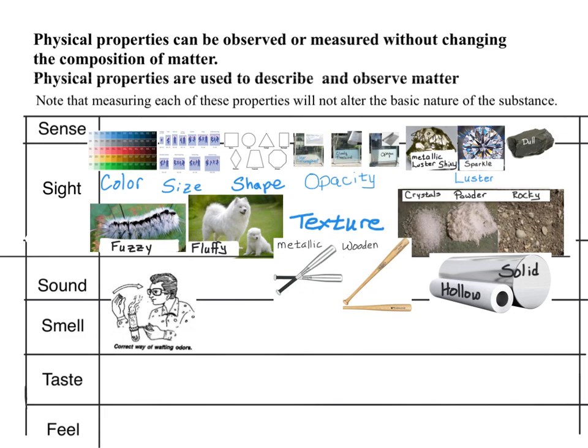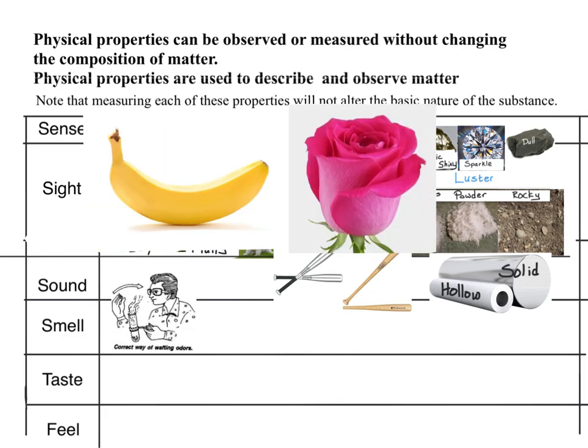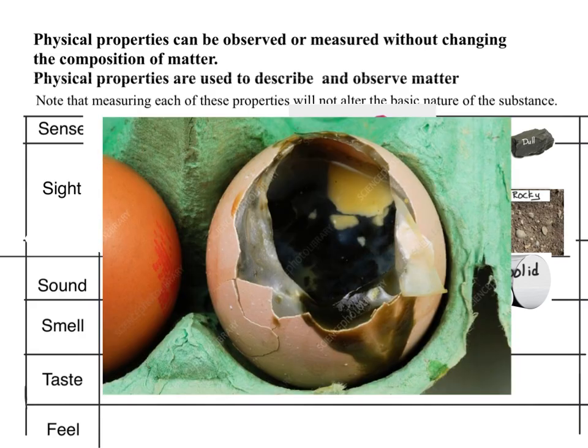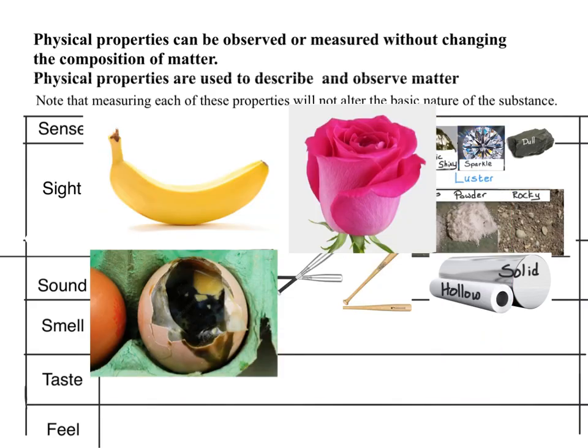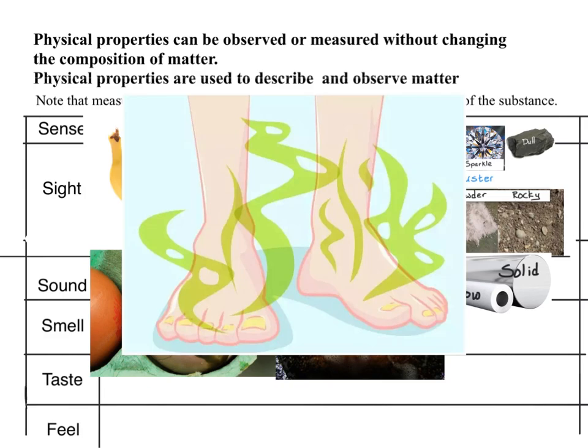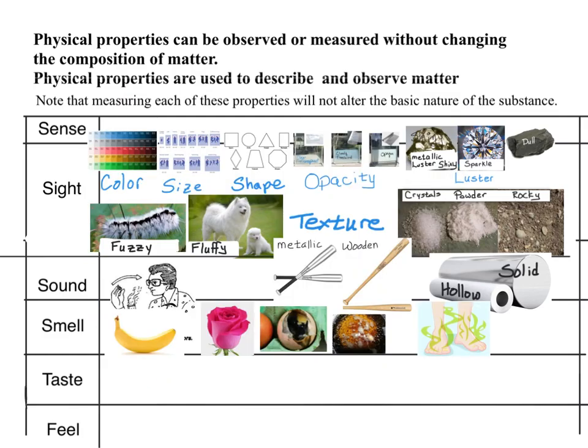Generally, smells are used in an associative way, and so something might smell like a banana, like a rose, like a rotten egg, like old oil, like stinky feet. There's lots of different descriptions we might have, and all of those descriptions are usually done in an associative way, so we might say it smells like something else.